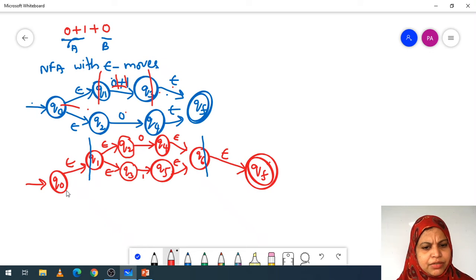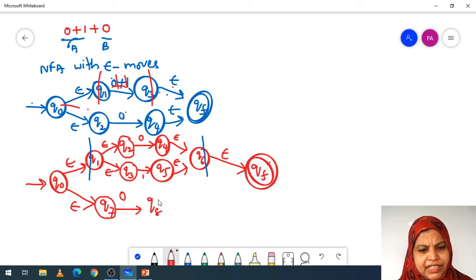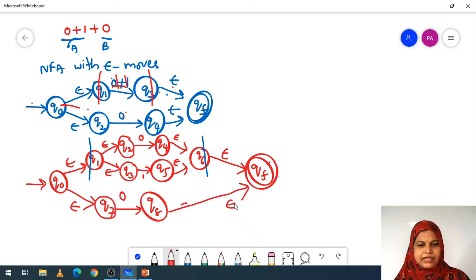So epsilon, up to here Q6 is there, now I am going to write Q7, followed by this 0, then Q8, right, then epsilon. This is the NFA with epsilon moves.